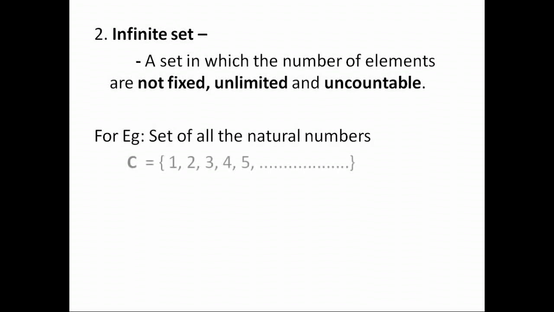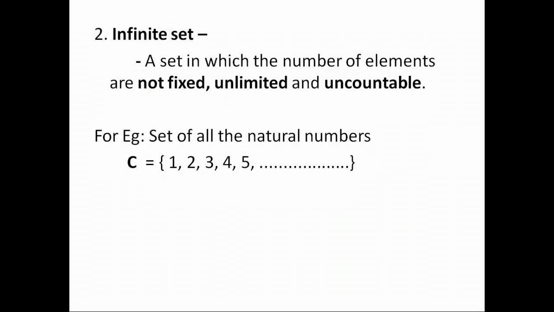Let set C be the natural numbers, set of all natural numbers. Now if you start counting natural numbers from 1, you may go on and it will never end. So for that reason, we show the dotted lines inside the braces as a sign of continuation of the elements. It means it will never end.